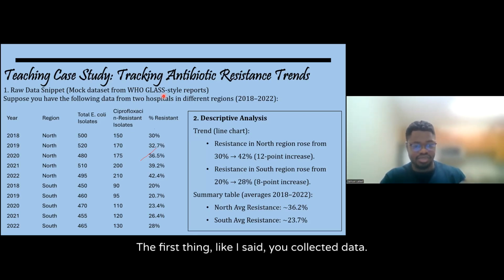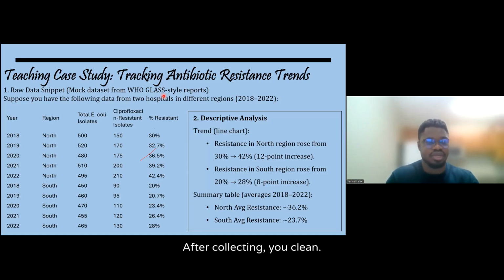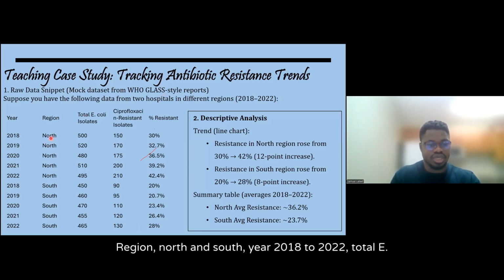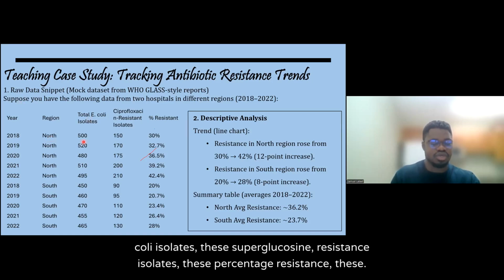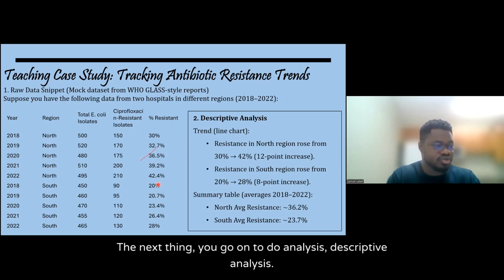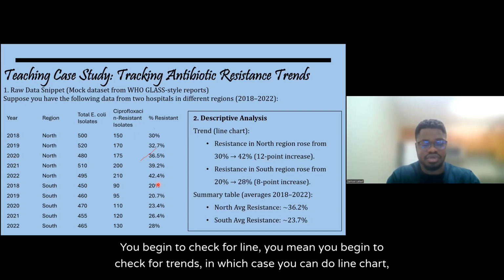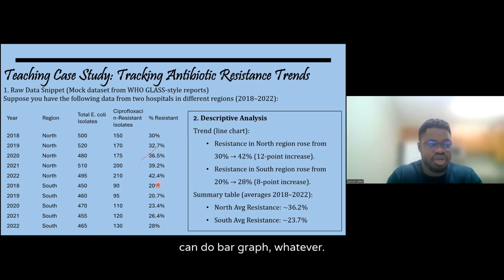The first thing, like I said, is to collect your data. After collecting, you clean. So here, what you're seeing is clean data: region, north and south, year 2018 to 2022, total E. coli isolates, ciprofloxacin-resistant isolates, percentage resistance. The next thing, you go on to do descriptive analysis. You begin to check for trends, in which case you can do a line chart, a bar graph, whatever.